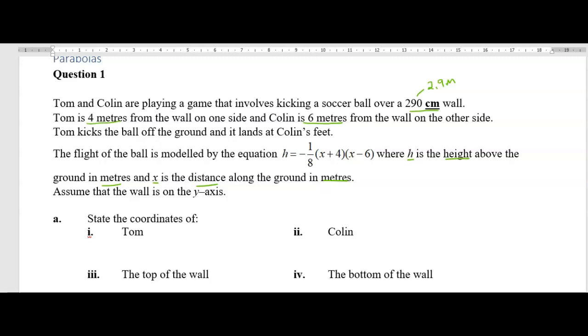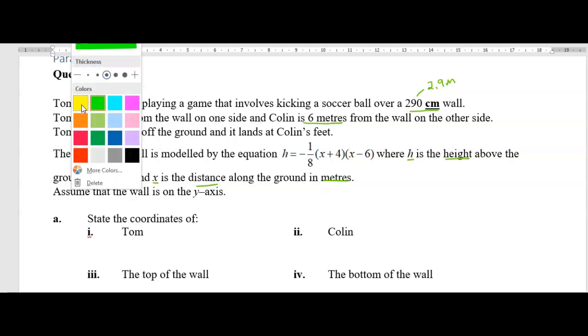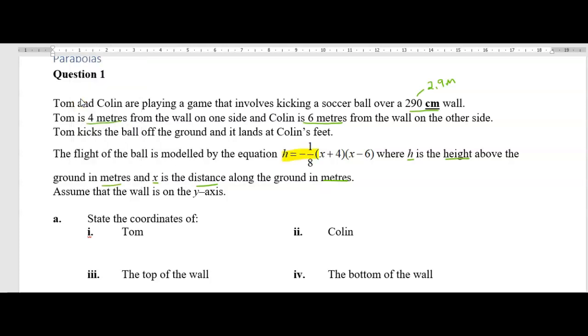All right, so our equation, which I might highlight in yellow, is here. This is in factorized form. The good thing about this is I can see straight away what the x-intercepts are. Remember, your x-intercepts are when h equals 0.